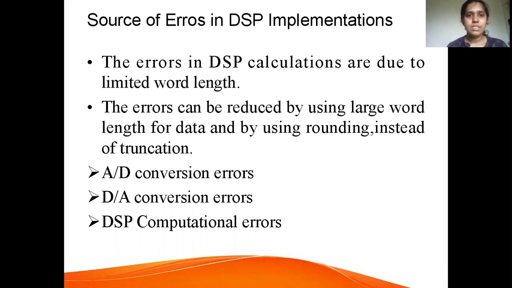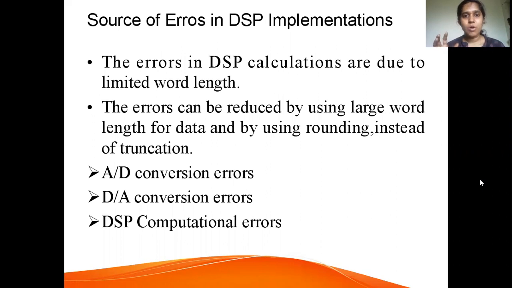Today we are going to discuss the sources of errors which we generally observe in DSP implementations. If we discuss the errors, we observe some errors in the DSP computation because there are several blocks.